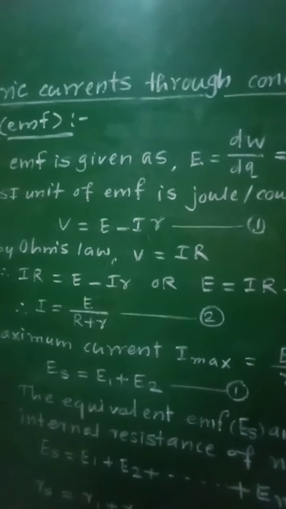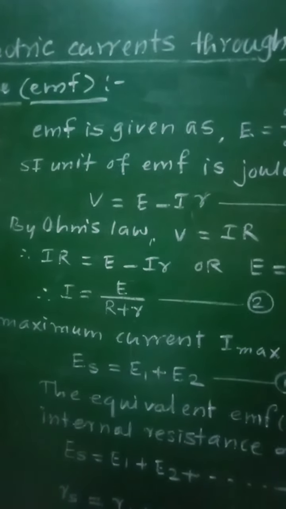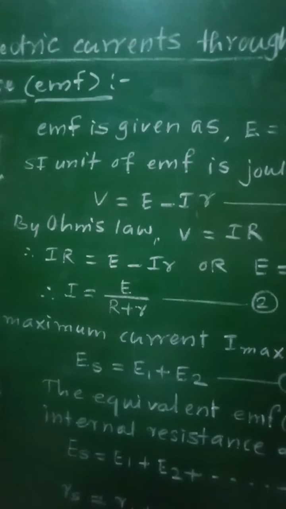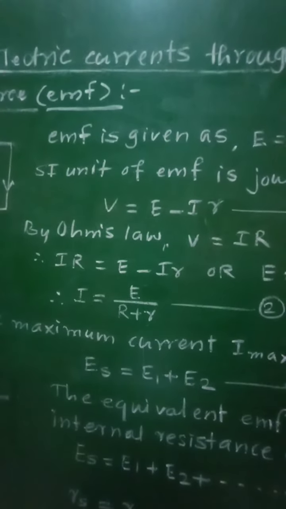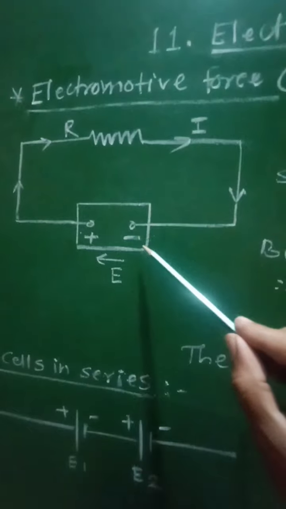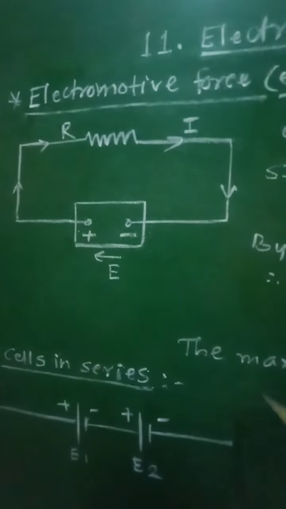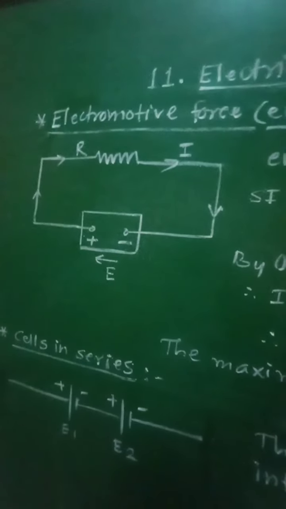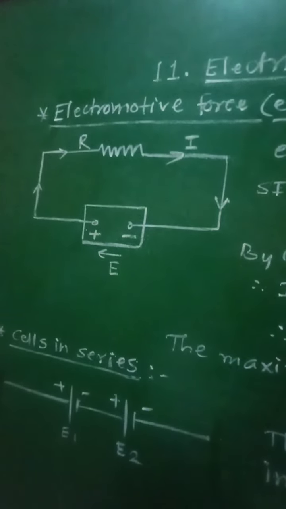Now in an ideal device, if the EMF device is ideal, there is no internal resistance to the motion of charge carriers. So if you consider this EMF device as the ideal device, then it will not possess its own resistance, which is called the internal resistance of that device.